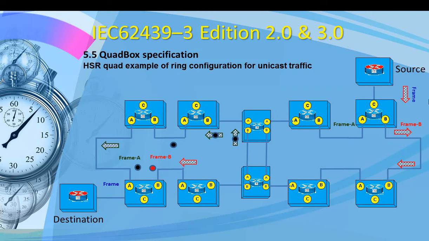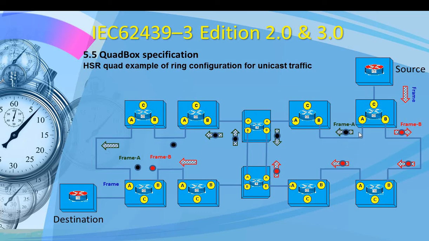The frame is sent out from the source host. The red box connected to the source host sends 2 copies, frame A and frame B, in the 2 different directions.